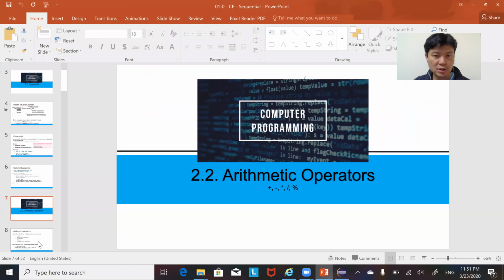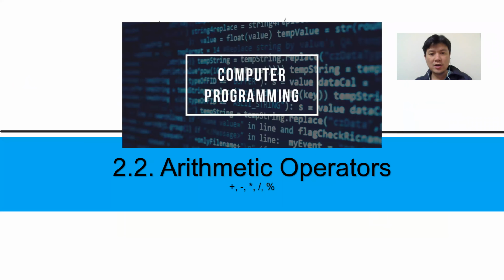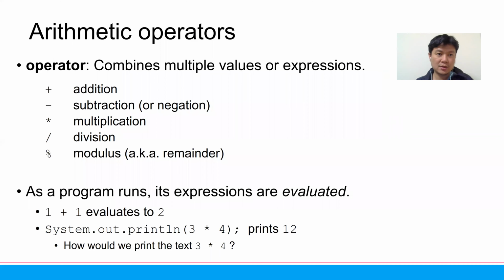So I'm going to continue with the next, which is about the arithmetic operators. The arithmetic operators deal with mathematical operators like what you know about addition, subtraction, multiplication, division, and modulo. These are the common operations: plus, minus, multiply, division, and modulus.